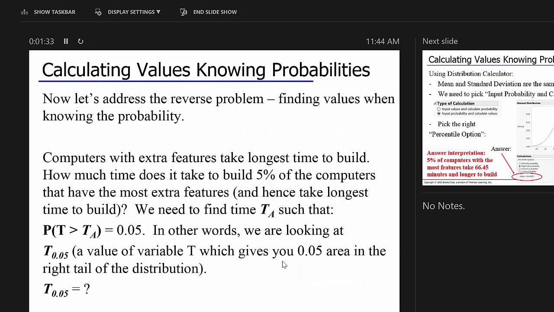Here is another question, a reverse problem: finding values when you know the probability. Computers with extra features take an especially long time to build. We know that approximately 16% of all computers, from what we did a minute ago, take 60 minutes or longer to assemble.